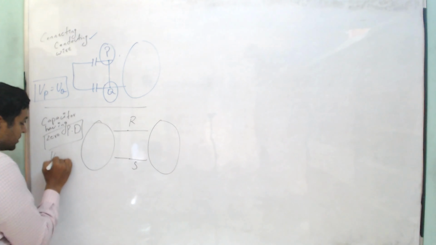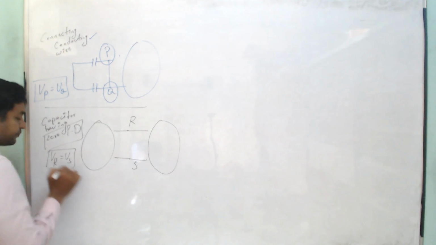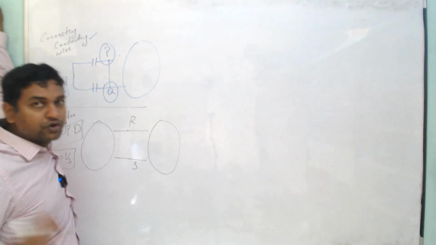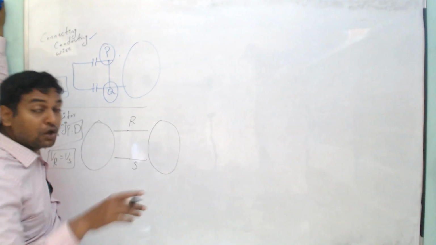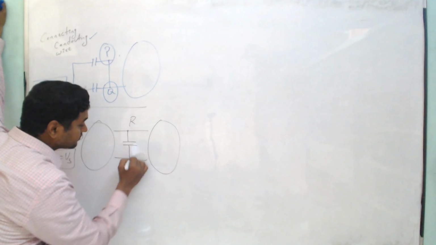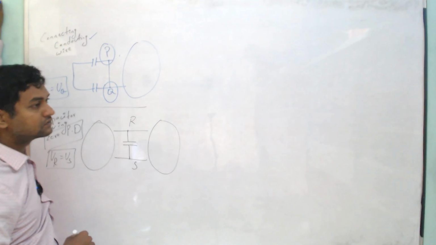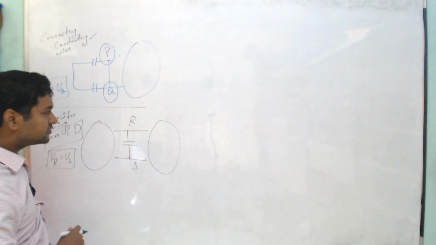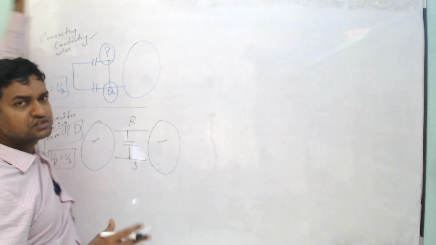That means in the initial statement only I am saying VR is equal to VS. The potential at point R is same as the potential at point S. Now what am I doing? I am attaching a capacitor. We have to take that after charges get fully settled. That's why I said the remaining story in the circuit is not important for me.